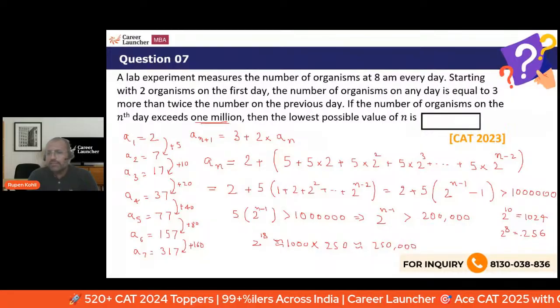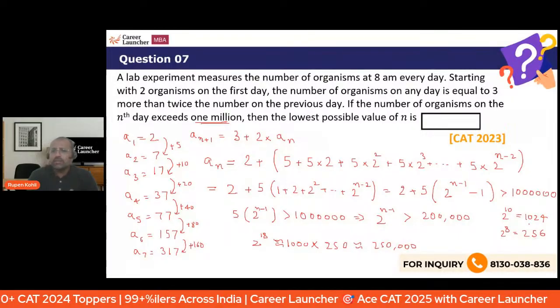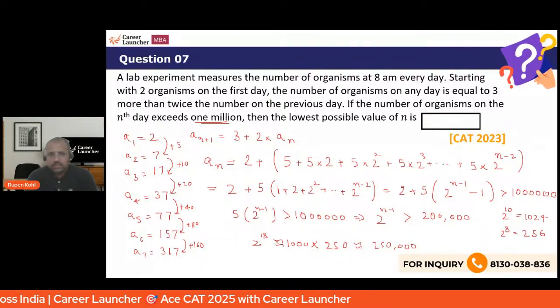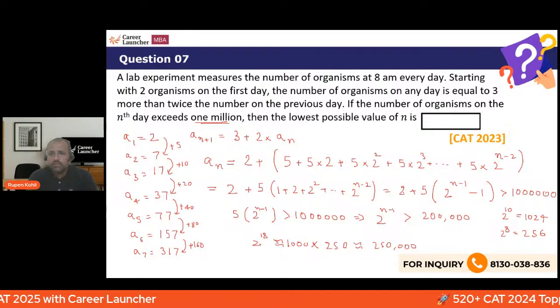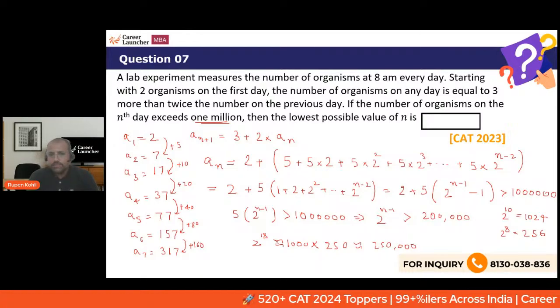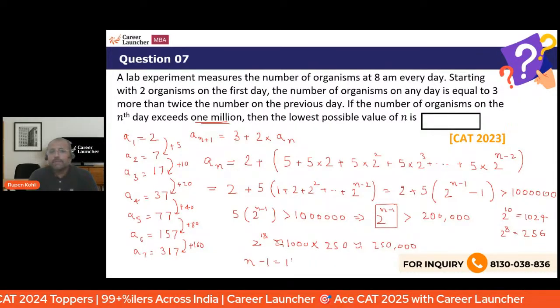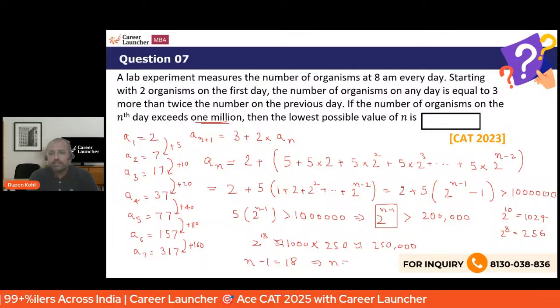Obviously for 2 power 7, which is 128, 128 into 1024 would be obviously much less than this mark. And therefore you can understand the insignificance of these small numbers like 2 and this minus 1. They don't really matter. So obviously your 2 power n minus 1, n minus 1 needs to be 18. So n needs to be 19. That is when it would cross a million, right?